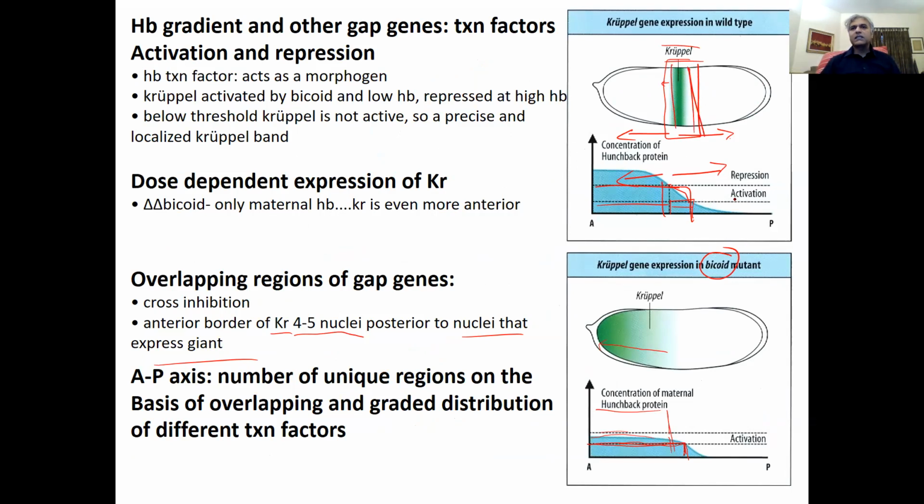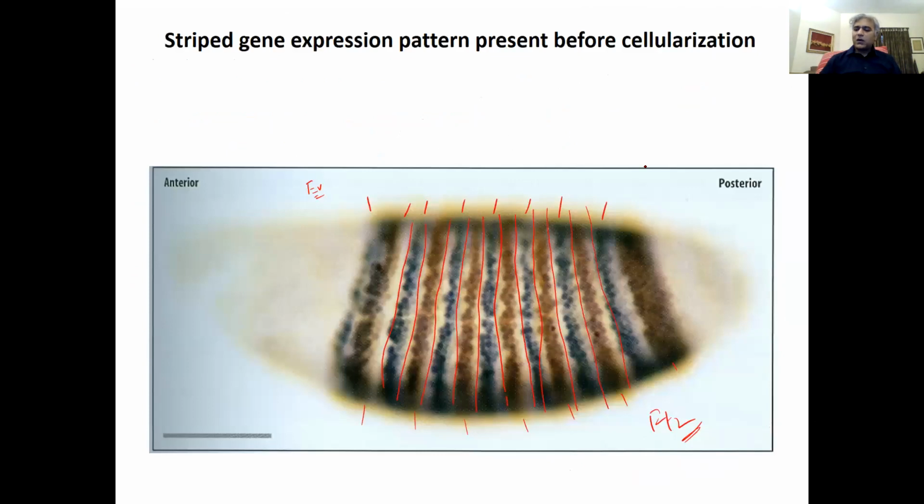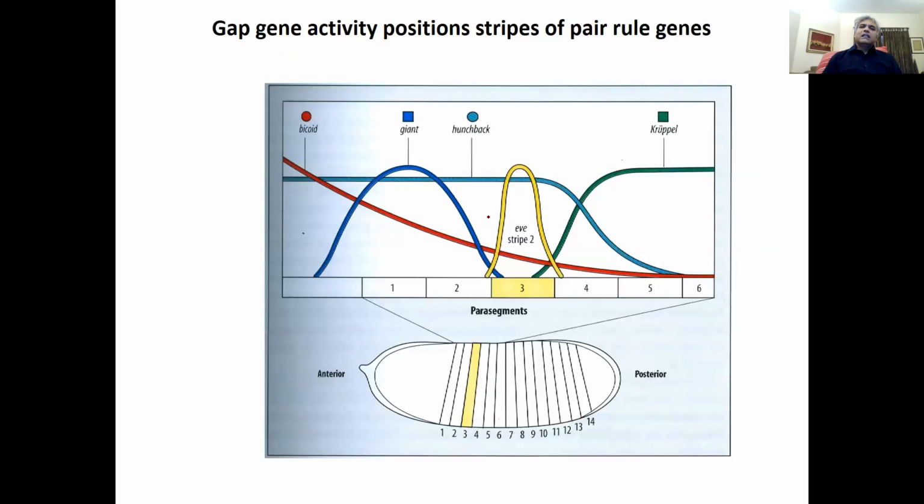We said there is a concentration gradient. Now, how is the expression pattern restricted to just this 3-4 nuclei stripe? This graph, just the tip of the iceberg, tells us how this phenomenon might be possible.